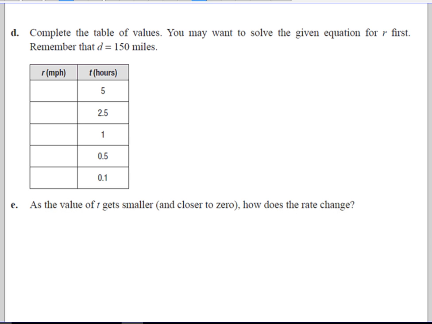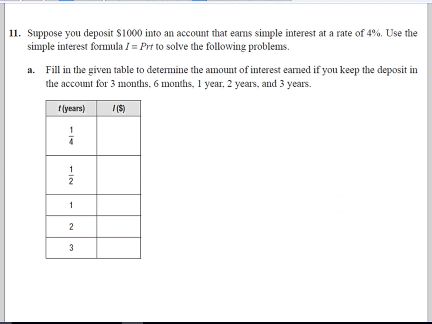Anyway, 11 says, never mind, that's not for question 11. What question is this for? I don't even see this problem in my papers. Oh well, I guess that means we get to skip it. Sorry about that. Let's go to 11 now.